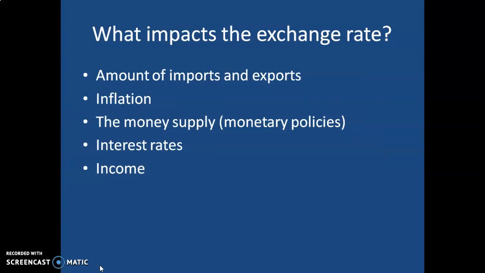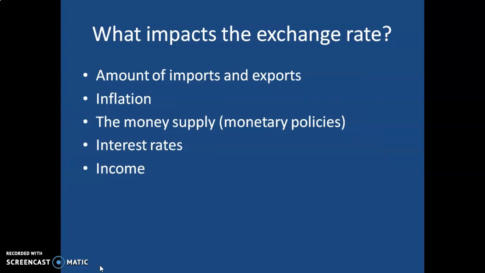And then we saw that when the economy went into a serious recession, the trade deficit shrank. So what that means is when incomes were really growing with a healthy economy, people started buying more stuff from overseas. Imports increased, and that's going to cause your currency to depreciate.